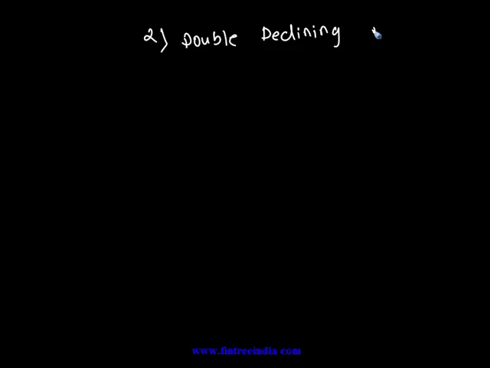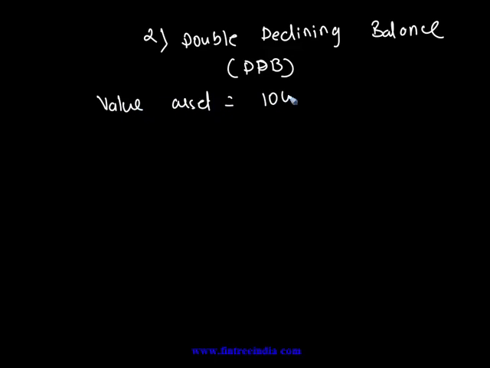Double declining balance. We would simply refer to this as DDB. Let us say the acquisition cost of the asset is 100,000, salvage value 20,000 and life is 4 years. The formula that we use for calculation of double declining balance: the numerator is opening book value.